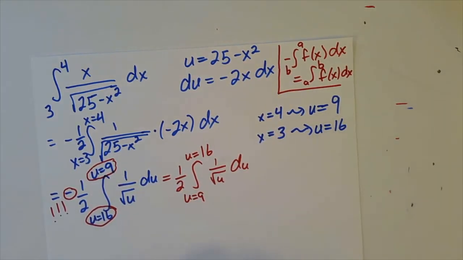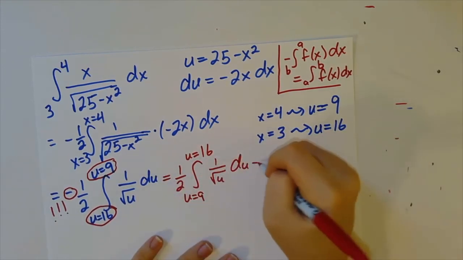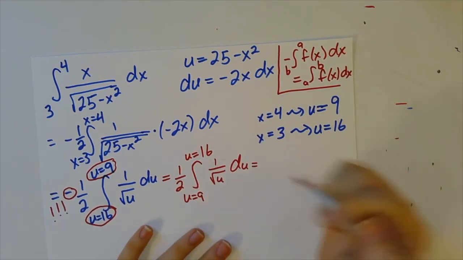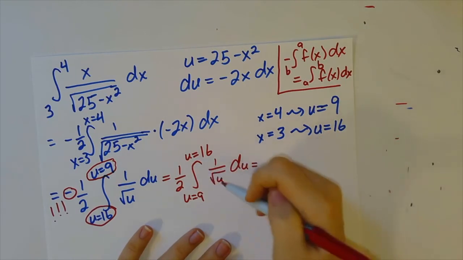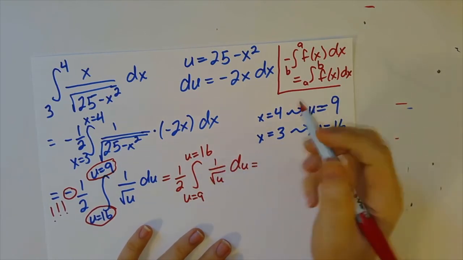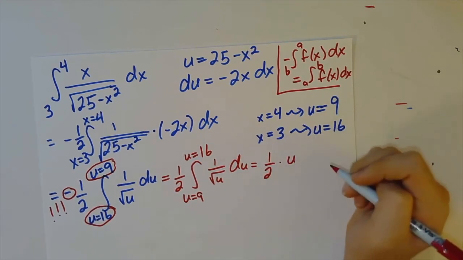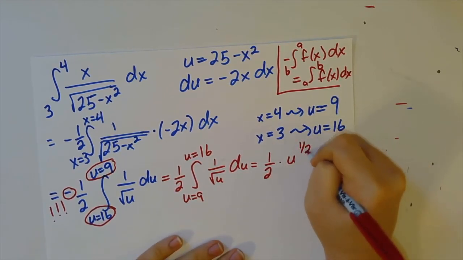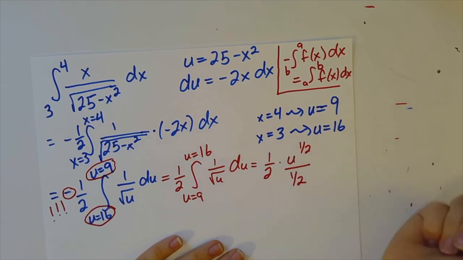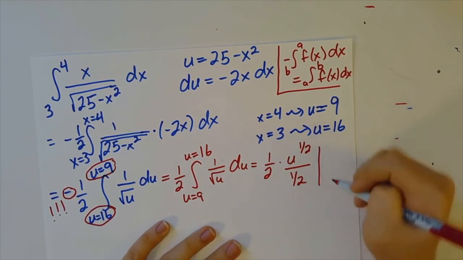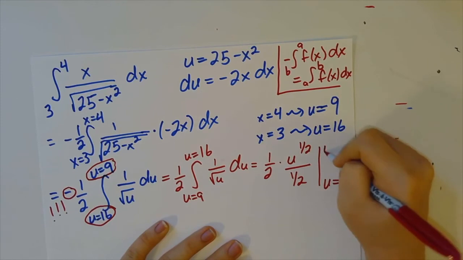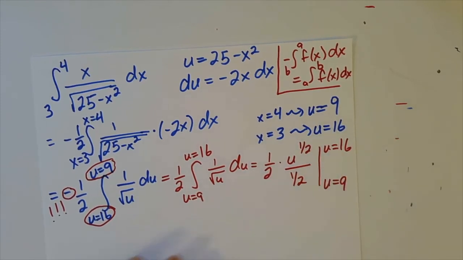Okay, but let's finish the problem now that we've had this long diversion. Namely, 1 over the square root of u, that's u to the minus 1/2. So this is going to be 1/2 times u to the plus 1/2 divided by plus 1/2, evaluated as u goes from 9 to u equals 16.